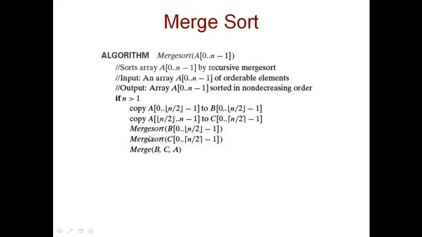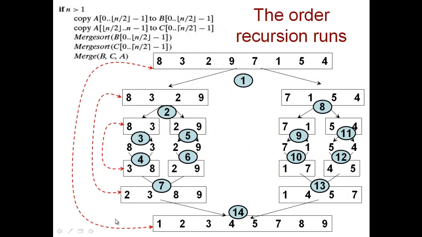So when you call merge sort on B, you go through the same process of copying the array B again into 2 subarrays. Okay, so that's what I want to show here. So this is the input array A, and you are storing that into 2 subarrays B and C, which are, say in this case, 8329 and 7154, and then you call merge sort on B, which is merge sort on 8329.